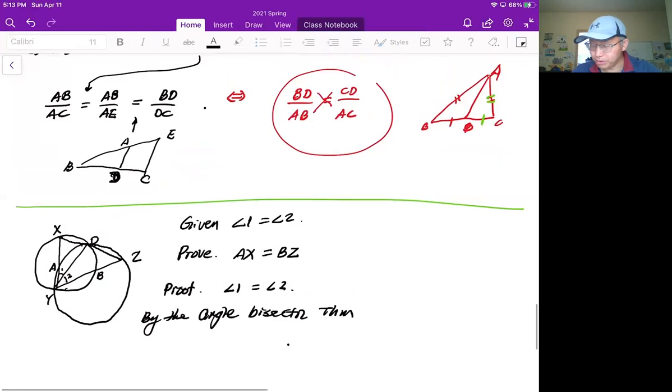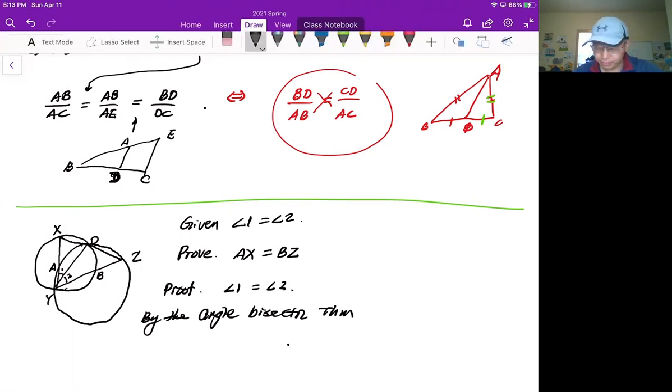I'm going to use this form here, going from the baseline. So going from the baseline, I'm going to have XD over XY.